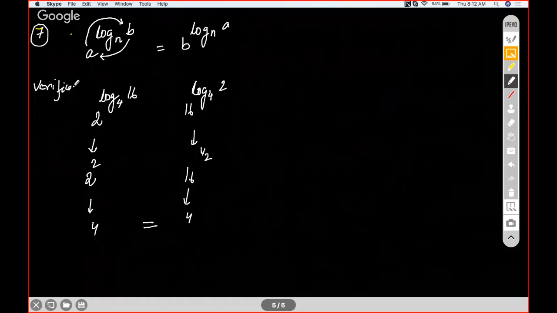Can you prove this? Okay. Log b, log a to the base n. So I have to prove it, and how do I prove it exactly? If I equate that to x, then n to the power x is going to give me b.